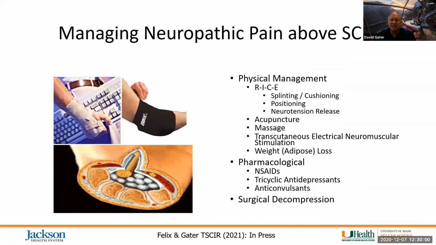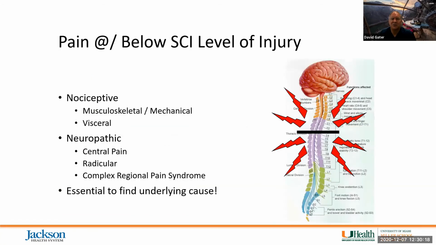So when possible, trying to manage that pain as we have down here. And again, when it's above the level of the injury, you all know how to manage that. It's the same as managing any other musculoskeletal or neuropathic pain that you find in neurologically intact individuals.